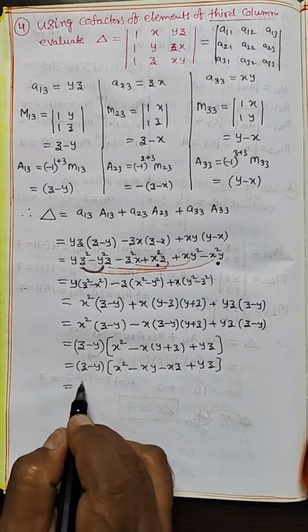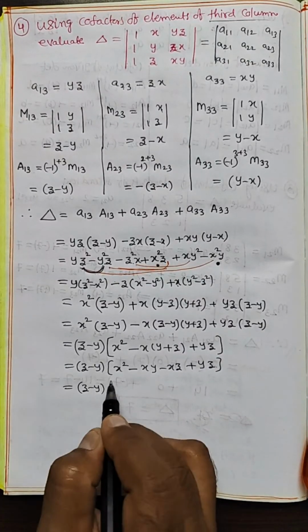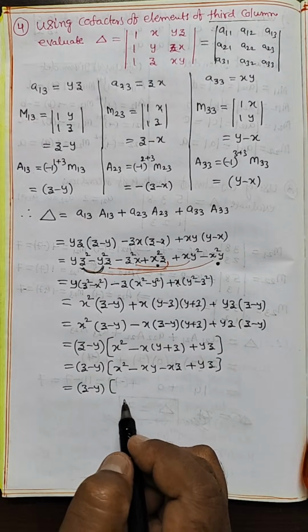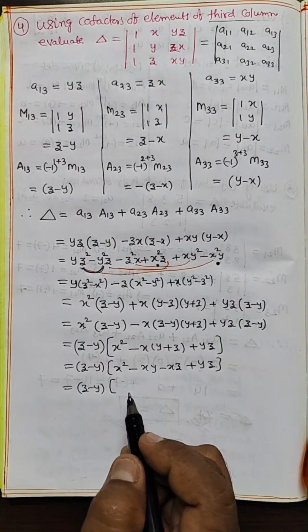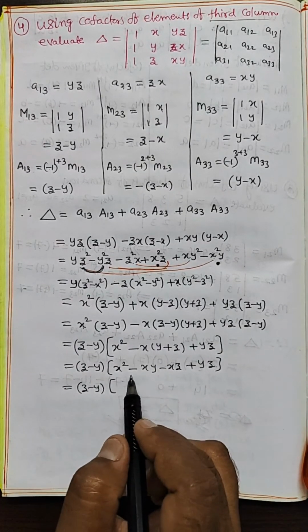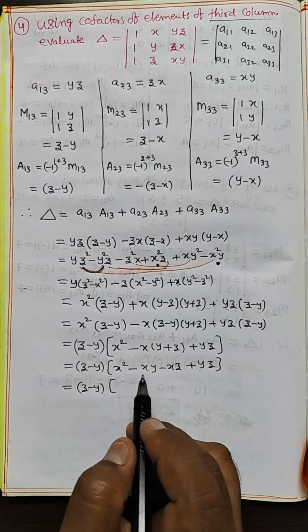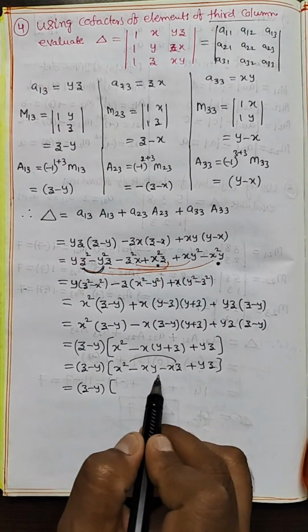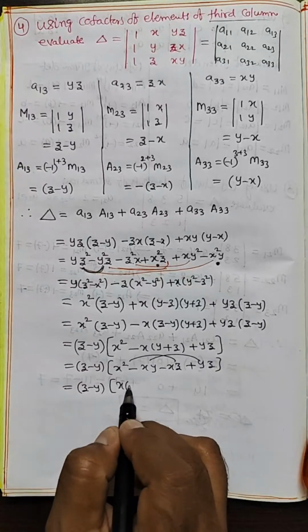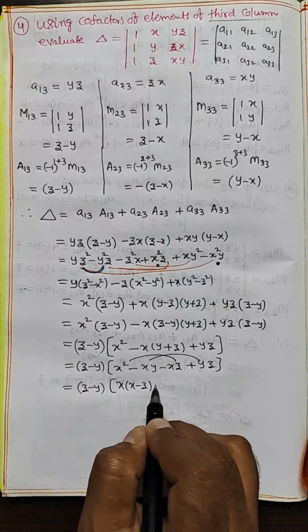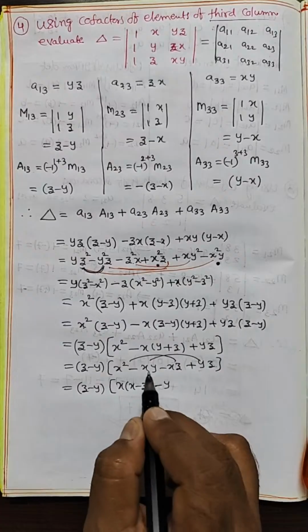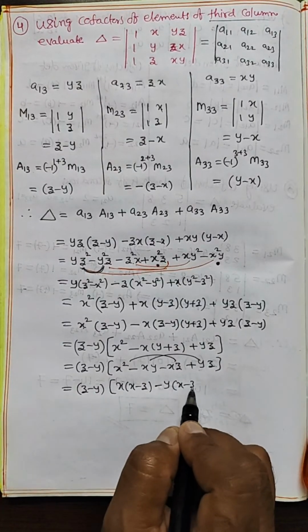So z minus y, what I'm taking now is x common from these two, x into x minus z, minus y I'm taking common from this, x minus z will be there.